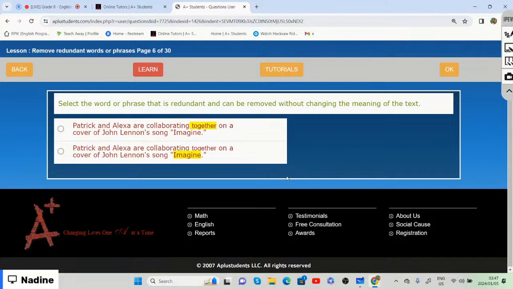So the word that is redundant or almost the same as collaborating, is it together or is it imagine?